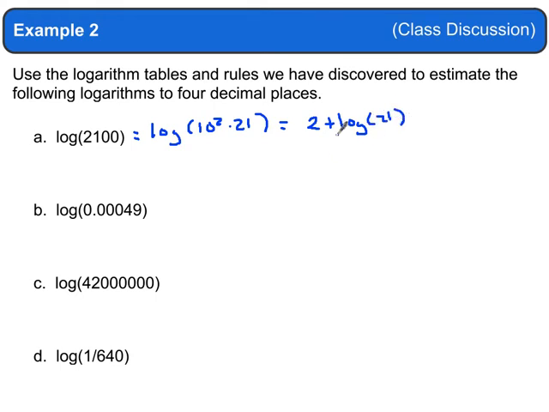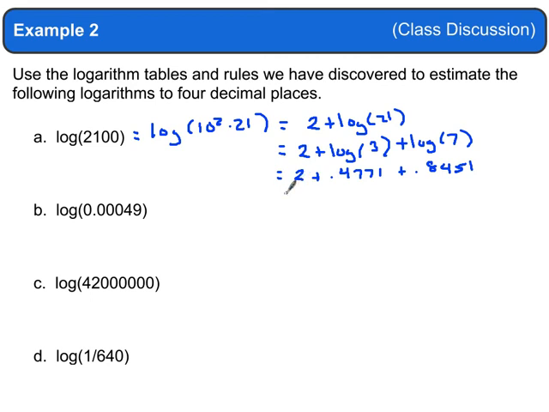Now, log 21 is not in my table, so I can rewrite this as 2 plus log 3 plus log 7. So I've got 2 plus log 3, which is 0.4771, and log 7 is 0.8451. So I find out the final answer is 3.3222.